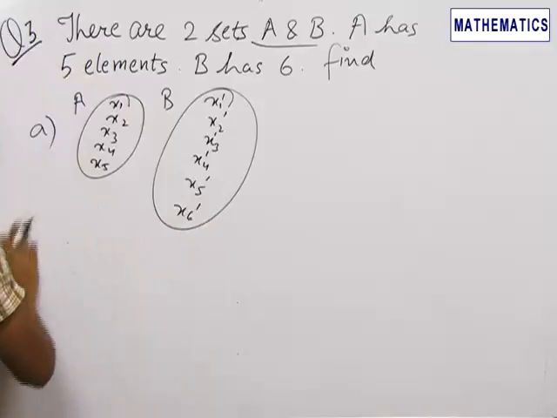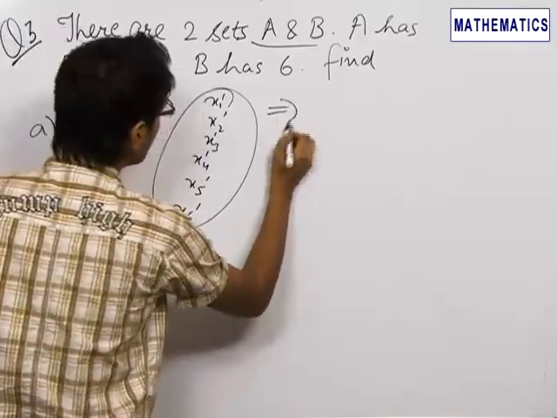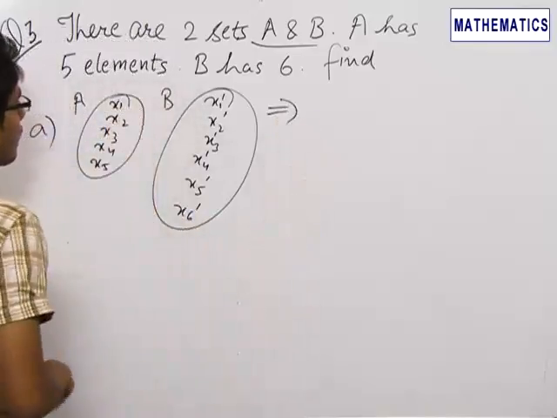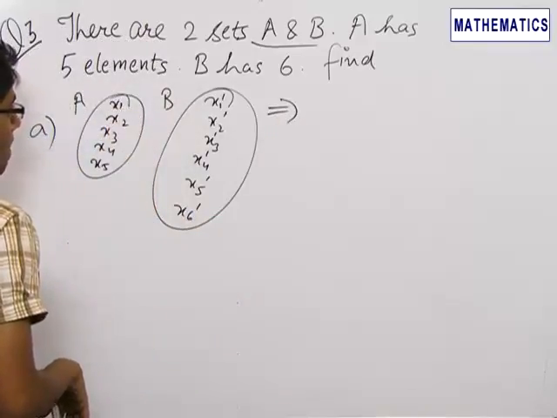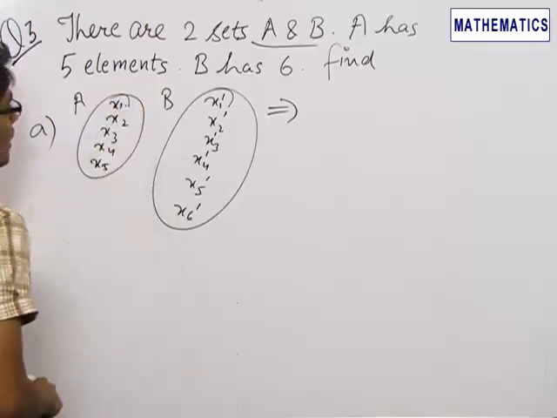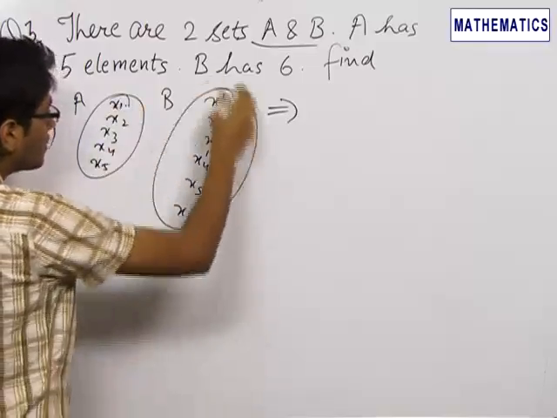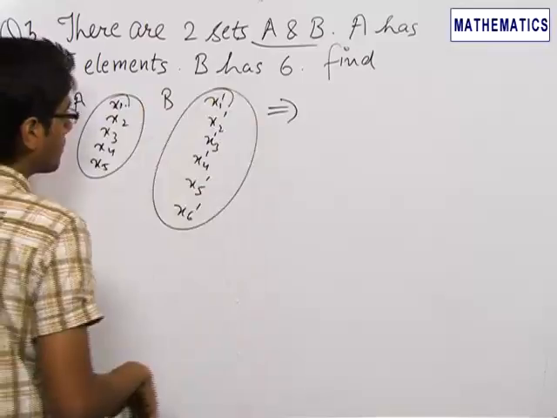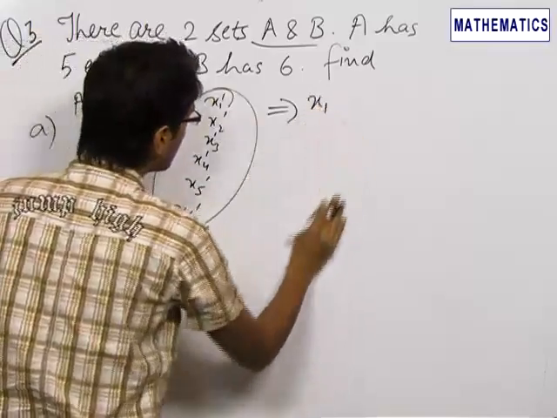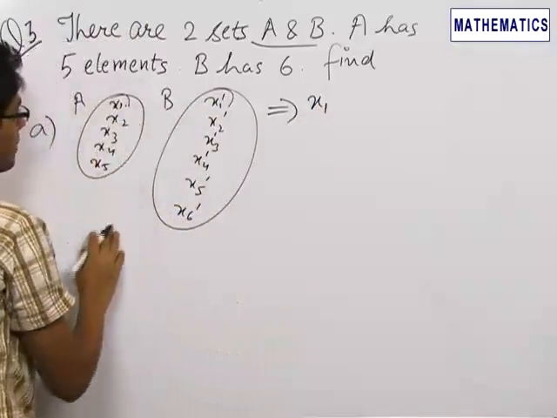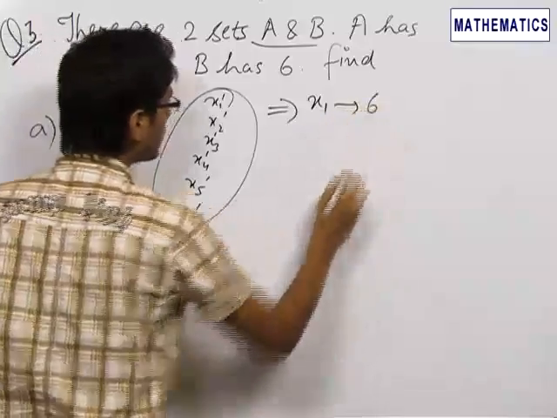Now for finding out the total number of functions possible from A to B, what we need to do is, let us see the first element x1. This pre-image x1 can have any of these 6 elements as the images. So the number of images possible for this pre-image x1 is 6.